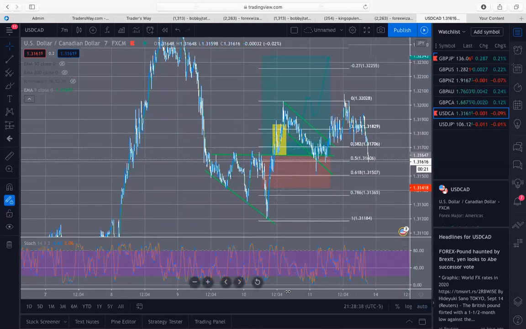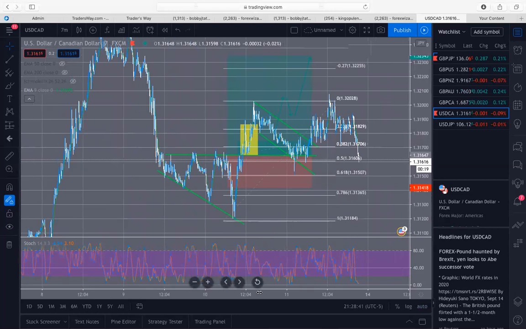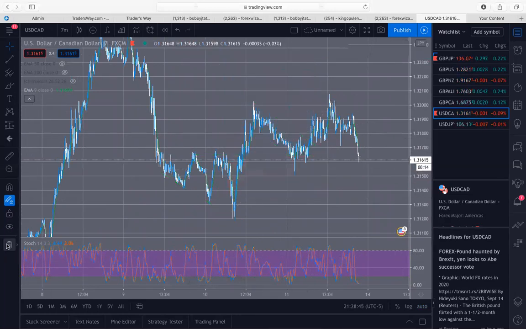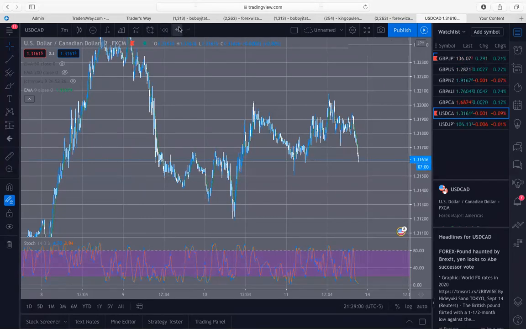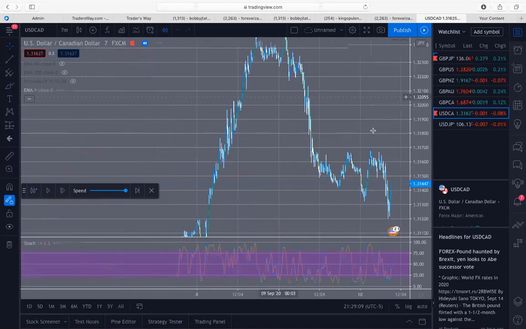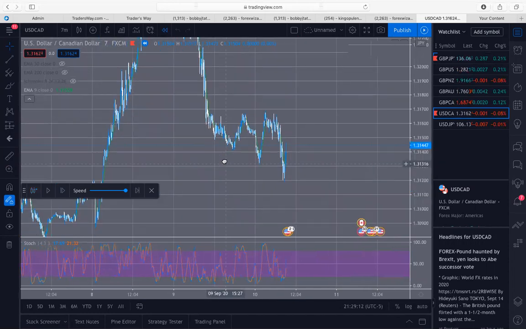And here was the quick setup. So I'll go ahead and erase this stuff, and we'll start it from scratch. This is pretty much where it was when I first found this trade.